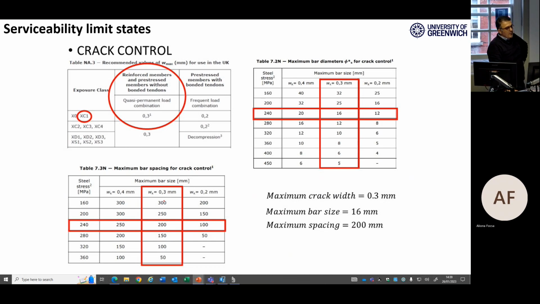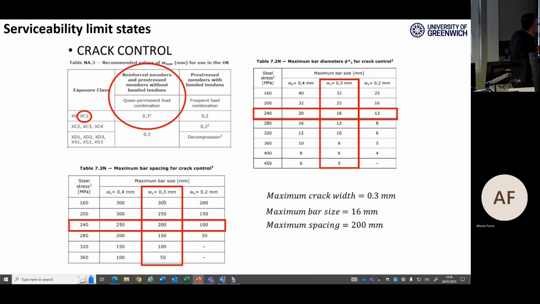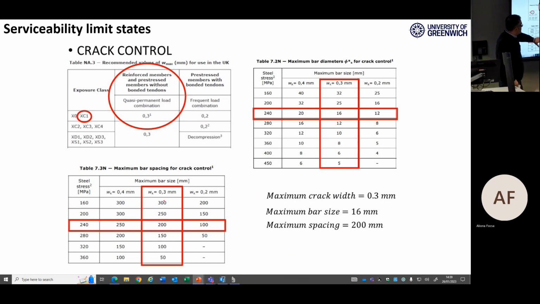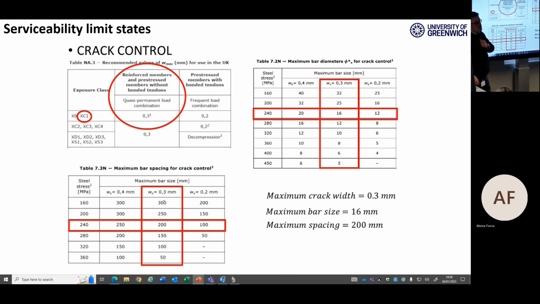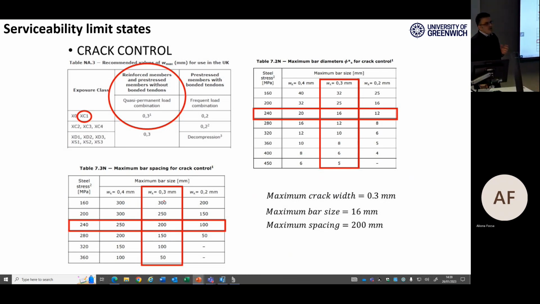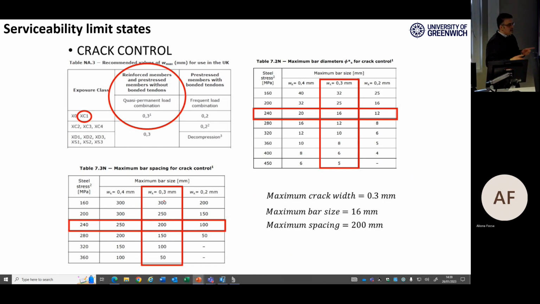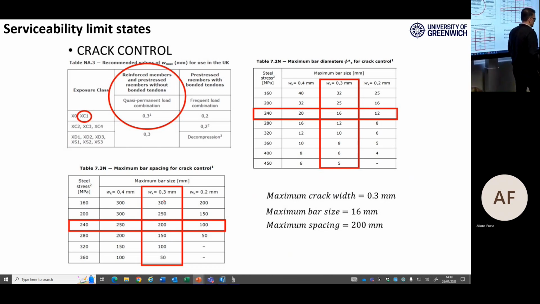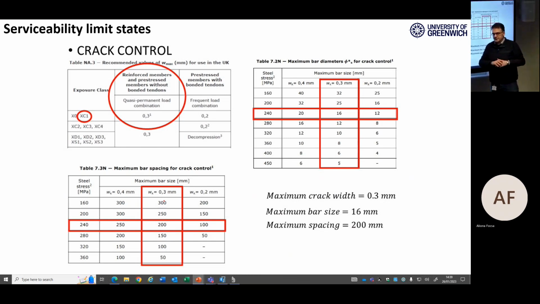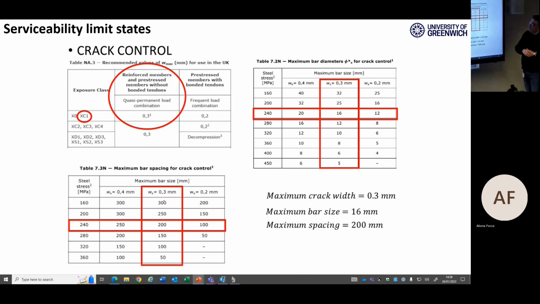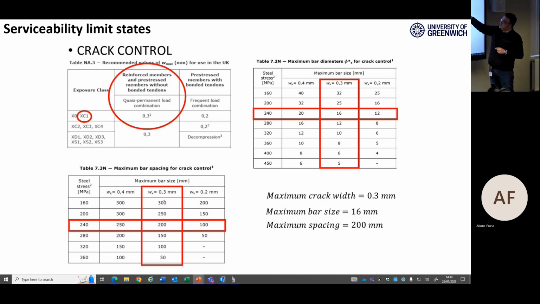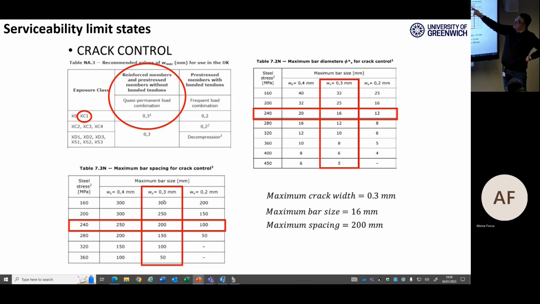Okay? When we get our allowable crack width, we can go to 2 more tables, which are these 2, to see the criteria about the rebar and the spacing. This is about the rebar, and this is about spacing. About the rebar, it says, which one is your crack width? Okay, I'm here, 0.3 millimeter. This column is mine, okay?